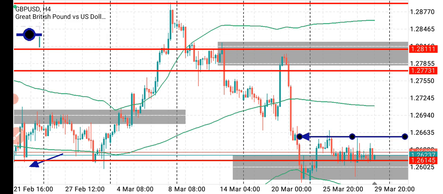Another one here, price breaks through this region, pulls back, and then gave us this pin bar formation.